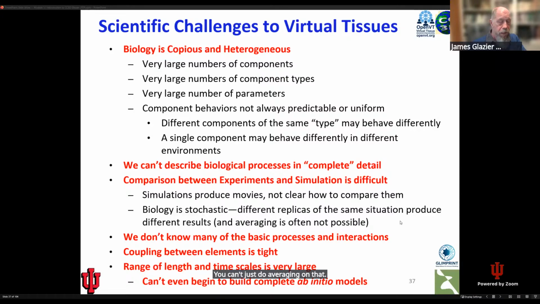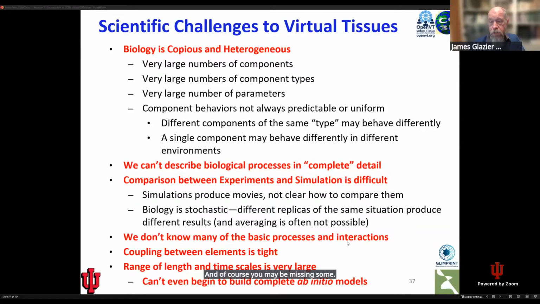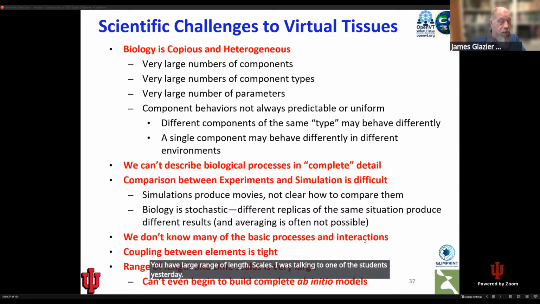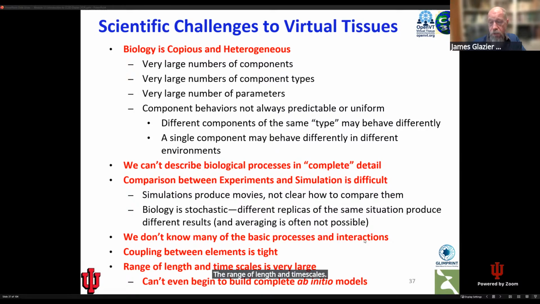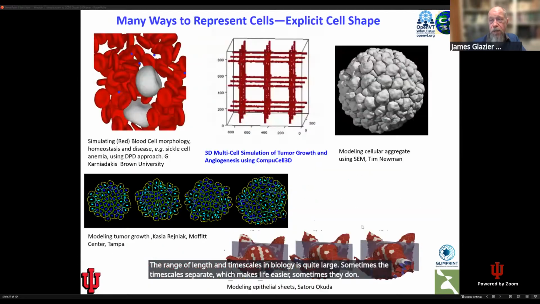AI methods are helping us do some of the comparisons that were hard to do before. And of course, you may be missing some basic processes or interactions. You have a large range of length scales. I was talking to one of the students yesterday. The range of length and time scales in biology is quite large. Sometimes the timescales separate, which makes life easier. Sometimes they don't. And coupling can be tight.